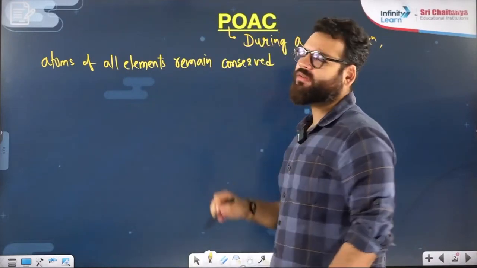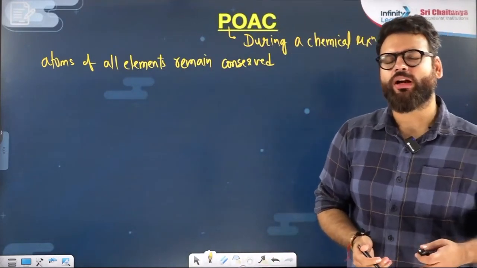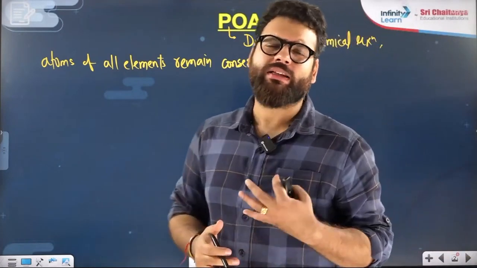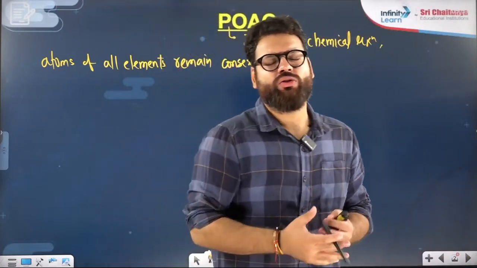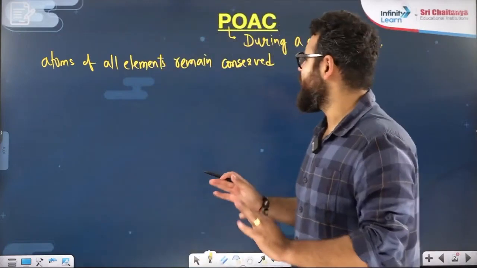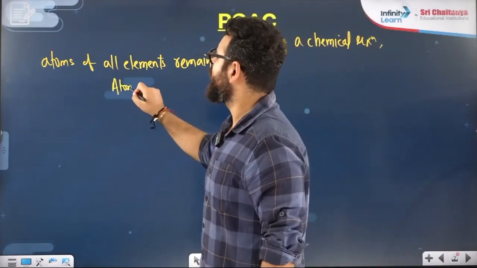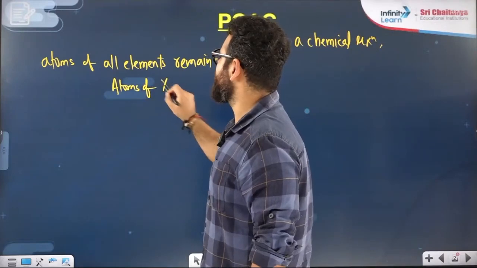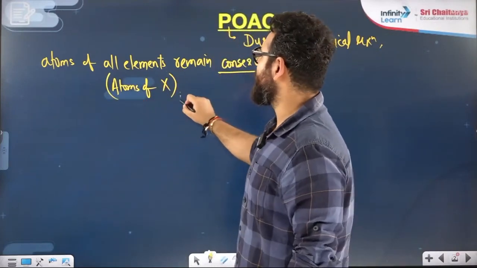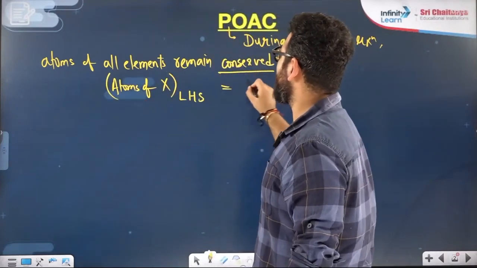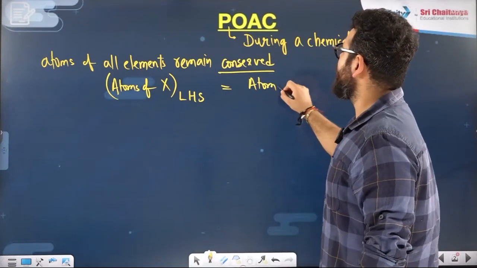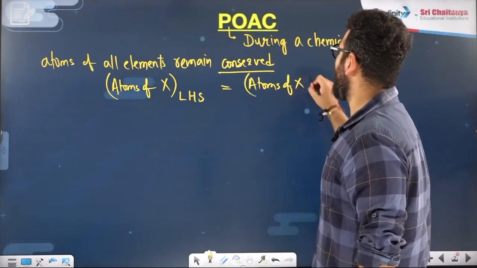Just like you say energy is neither created nor destroyed, in the same way atoms are neither created nor destroyed. So number of atoms will remain conserved. That means atoms of X, any element X on left hand side must be equal to atoms of X on right hand side of the reaction.